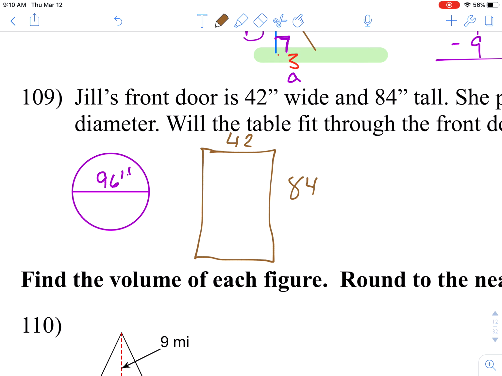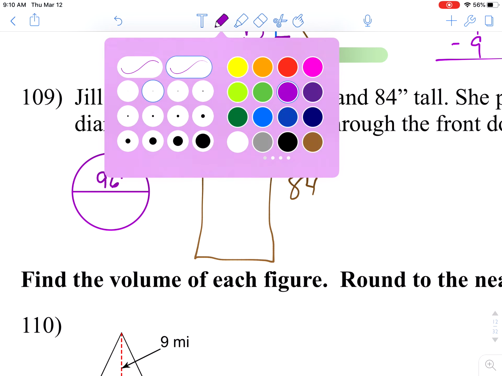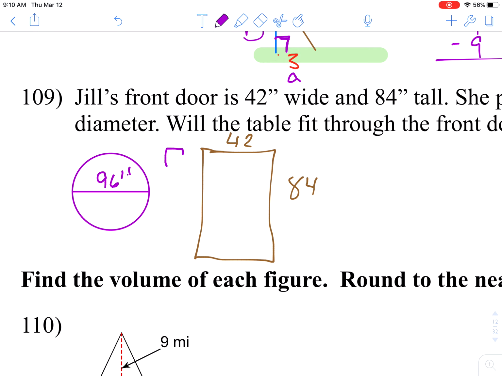So we definitely know that taking the table and standing it up straight up and down is not going to fit through the door because it's 96 inches. So it's not going to fit through the door straight up and down. So what we're going to have to do is see if the table will fit through diagonally.